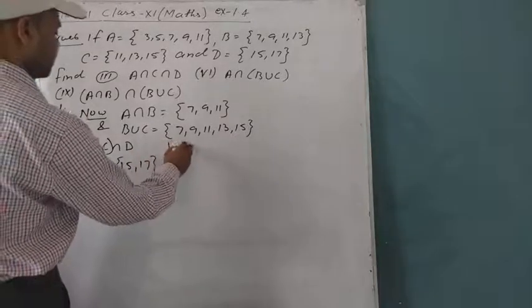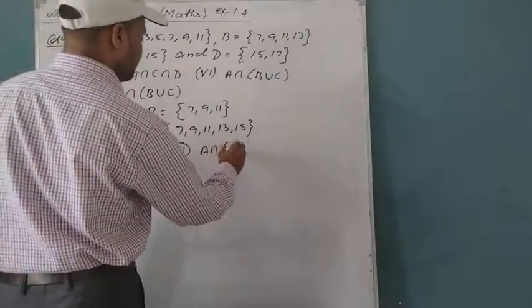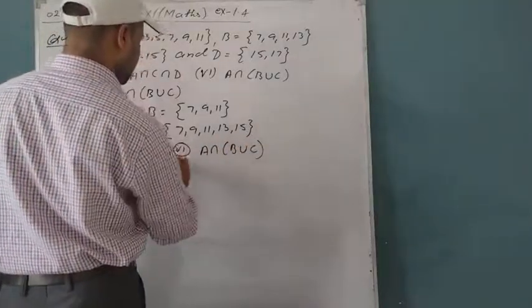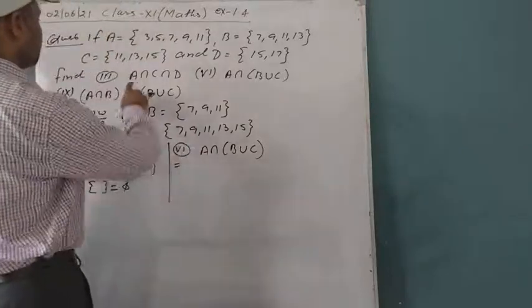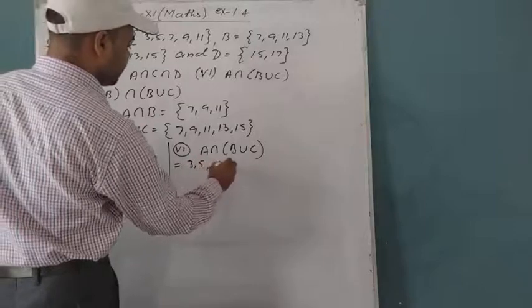Now, sixth part. A intersection (B union C). A intersection means write the elements of A here: 3, 5, 7, 9, 11.